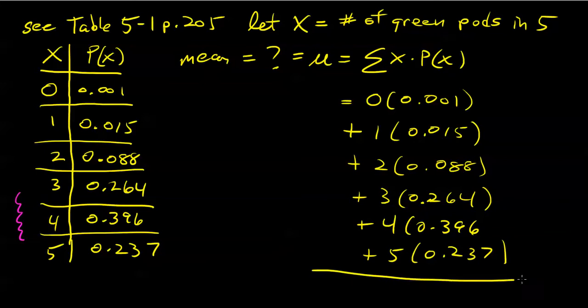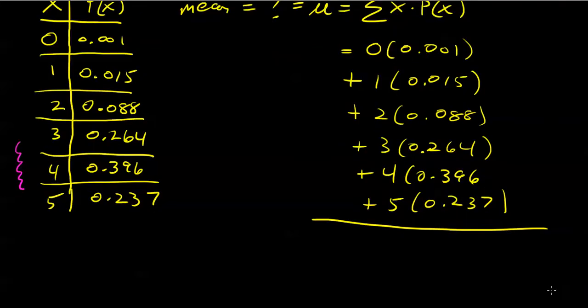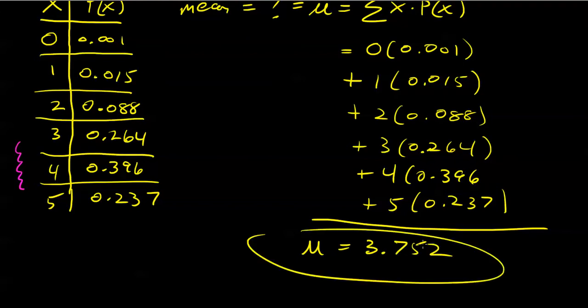So after I perform all these multiplications and add up these products, I will end up with a mu value of 3.752. That is the mean of my probability distribution.